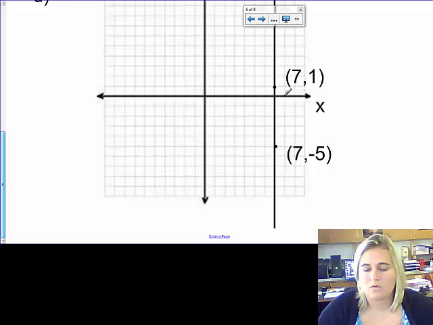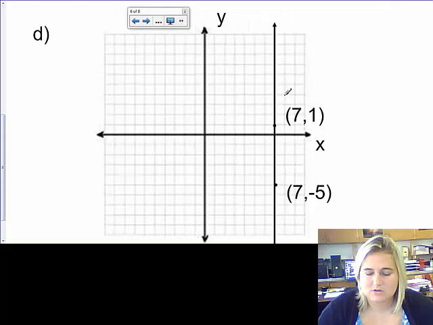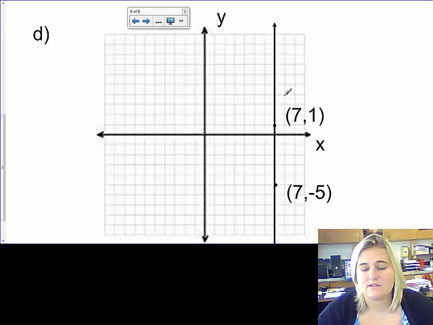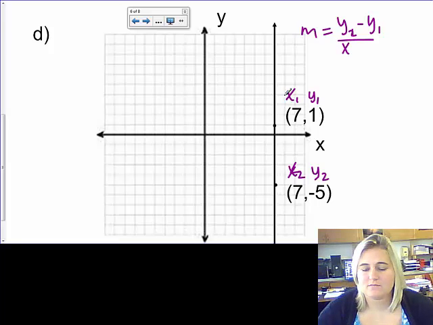On D, just like a horizontal line, there is one specific slope for all vertical lines. So we'll work that out here together. I have x sub 1, y sub 1, and x sub 2, y sub 2. My formula is m equals y sub 2 minus y sub 1 over x sub 2 minus x sub 1.